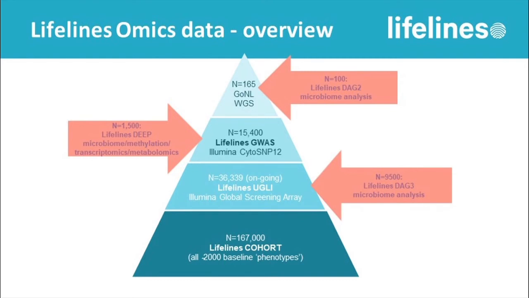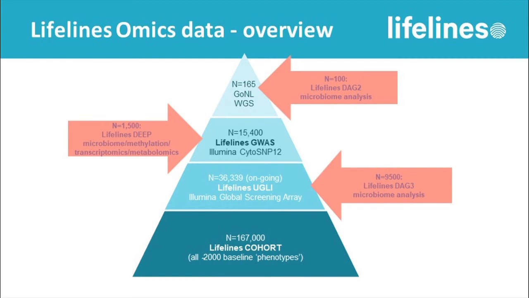A whole genome sequencing was performed on 165 Lifelines participants, which are part of the GoNL project. This is a project on genome sequencing of so-called trios, so the mother, father, and the child. We do not have this data available at Lifelines, but it is available at GoNL.